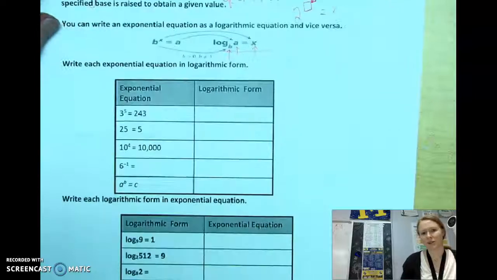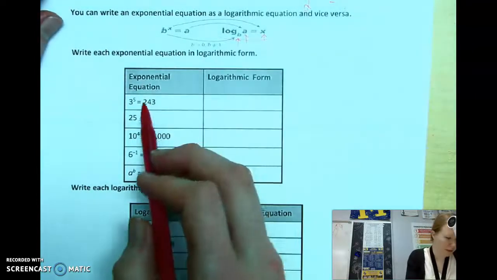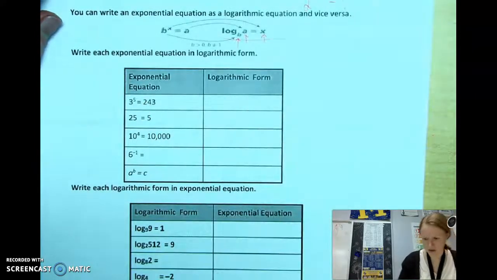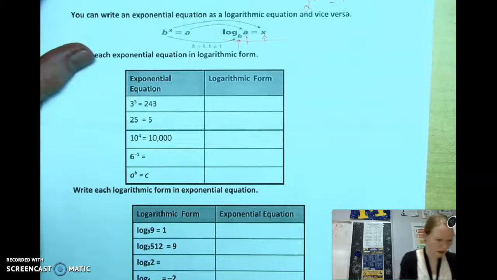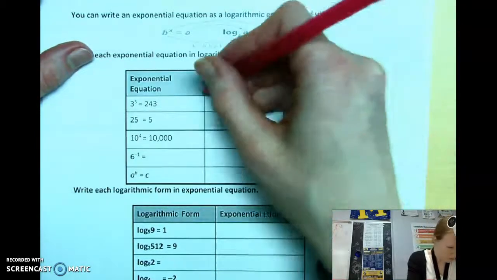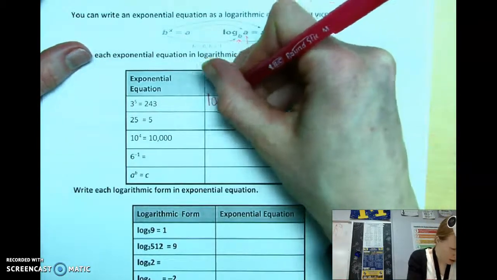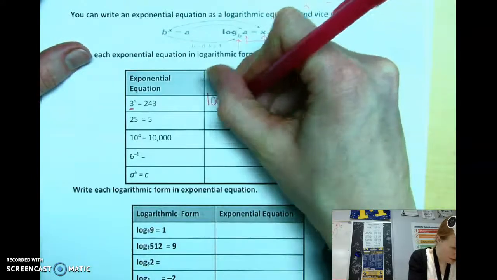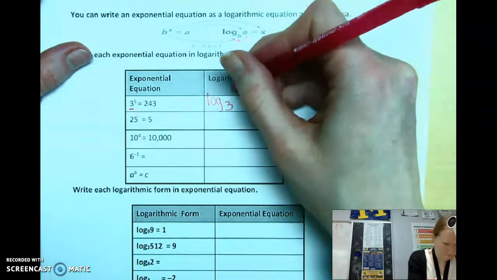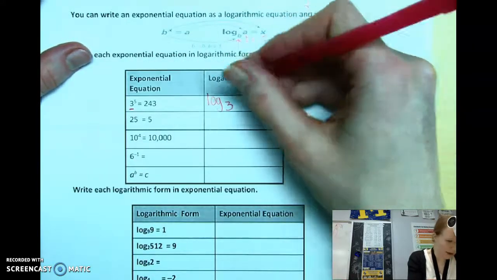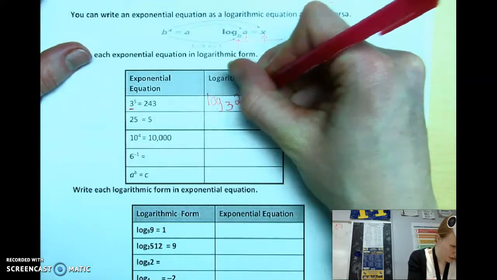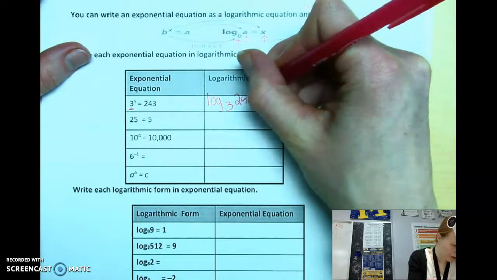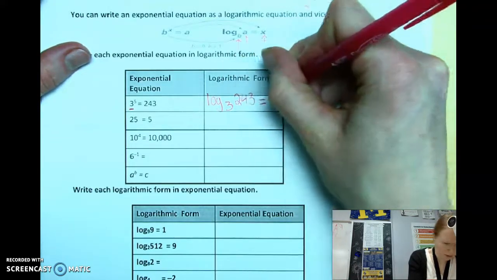So we're going to practice going from your exponential to your logarithmic equation. This is called log base 3. So your base is 3, and the total amount is 243: 3 to what power gives me 243? Well, that would be 5.